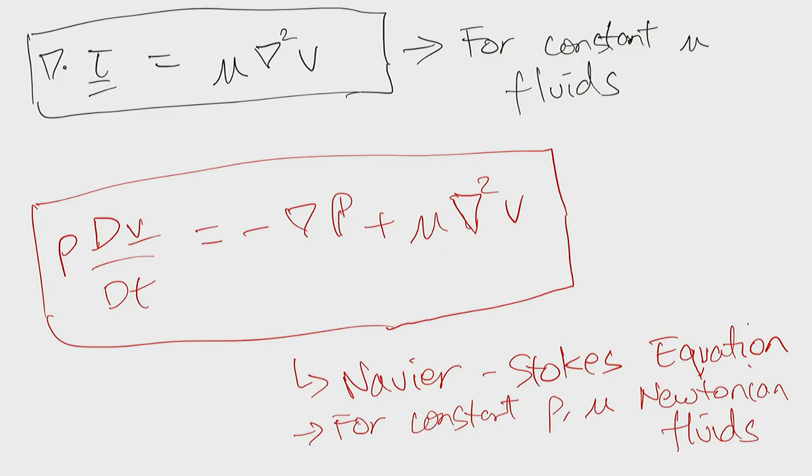I might throw in an example or a problem here and there that involves generalized Newtonian fluids, but it won't be math heavy, relatively straightforward in terms of being able to solve for velocity fields and so forth.